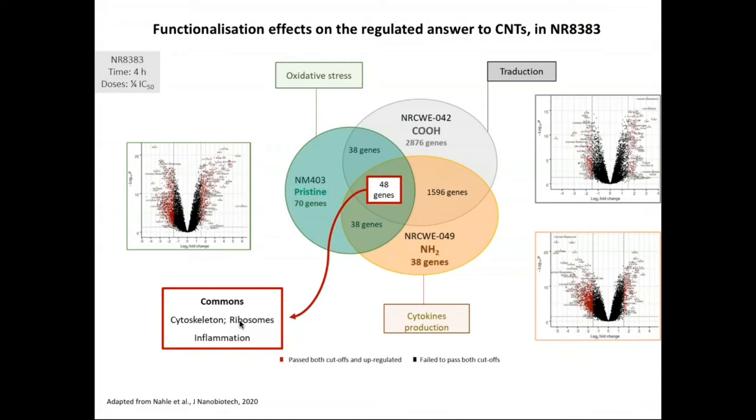Sarah chose one nanomaterial without functionalization, one nanomaterial with a carboxyl functionalization, and another one with an amine functionalization. We treated all the cells again with a quarter of the IC50 and got the transcriptomic answers.